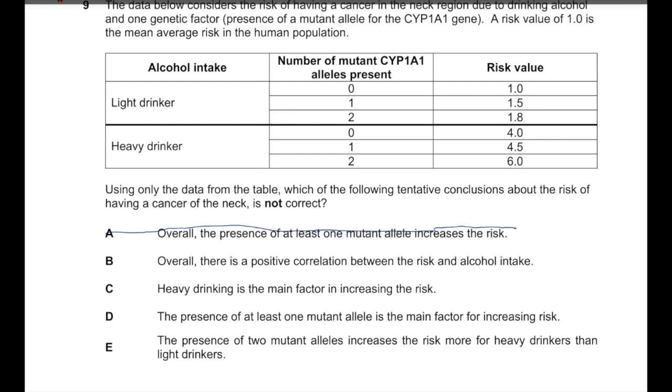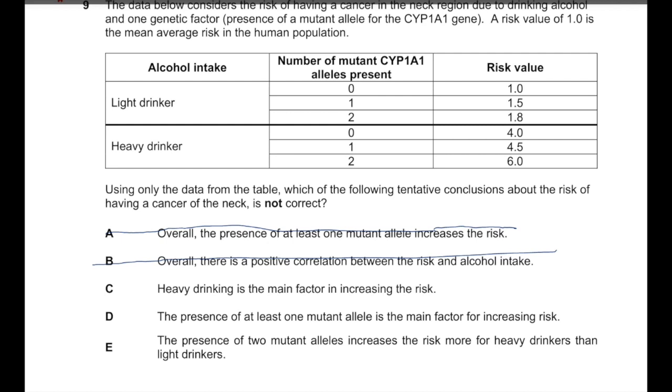B. Overall, there is a positive correlation between the risk and alcohol intake. This is also true because at all numbers of mutant alleles, heavy drinkers show an increased risk compared with light drinkers. So we can eliminate B.